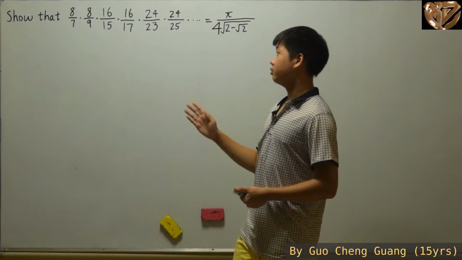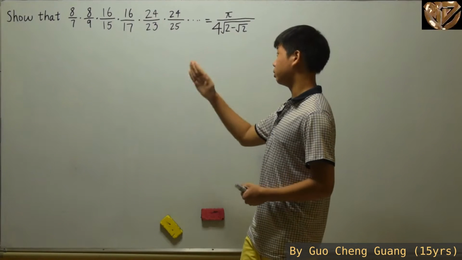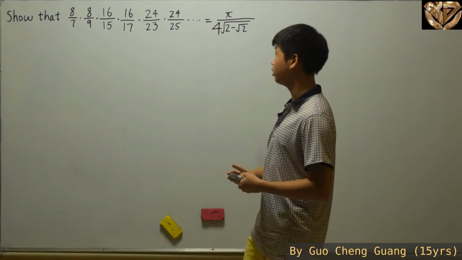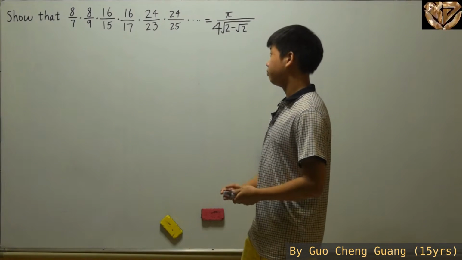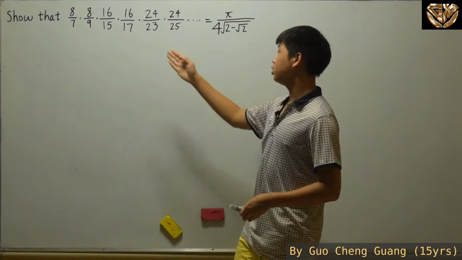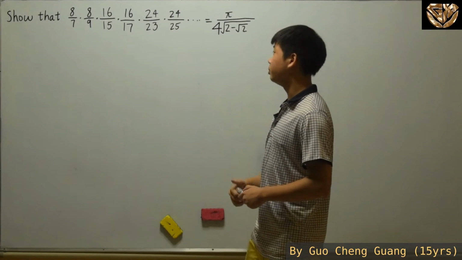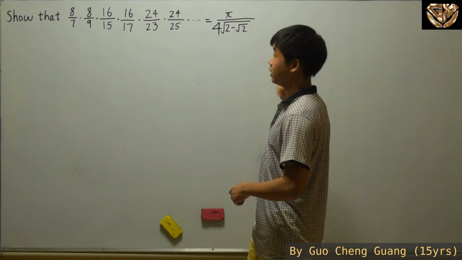Each of them repeats 2 times, and they're all just multiples of 8. They're increasing multiples of 8. So what happens in the denominator? Since you have 2 copies of each of these numbers, the first denominator will be the number minus 1, while the second denominator will be plus 1.